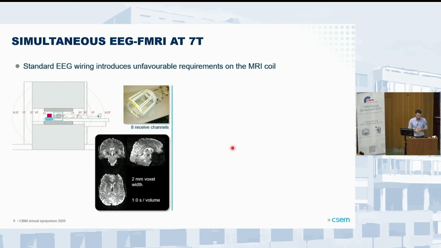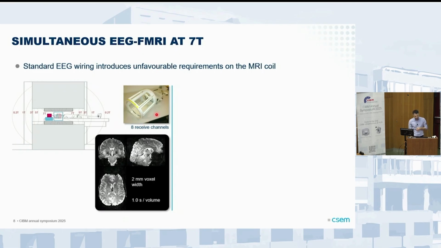We then turned our attention to the other side, to the MRI quality. And here we had a bottleneck, which was the need to have some space around the head to be able to have the EEG wiring and let it come out and reach the amplifiers. So we were working with coils that were not the most effective that the state-of-the-art has today.